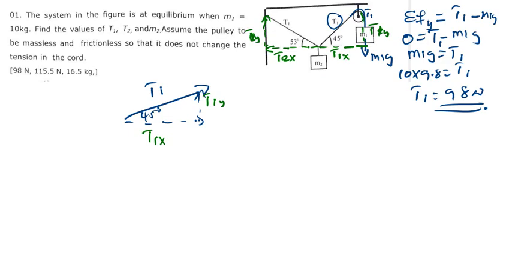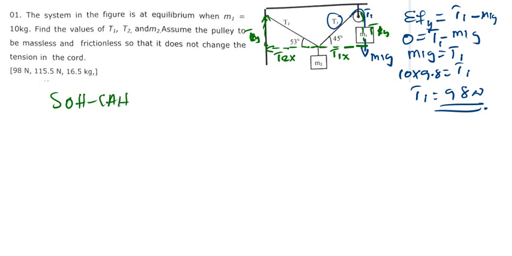Now, according to SOH CAH TOA, sine theta is opposite over hypotenuse. In that case, we can clearly see that the opposite, I'll start with T1, is T1y, and the hypotenuse is just T1.